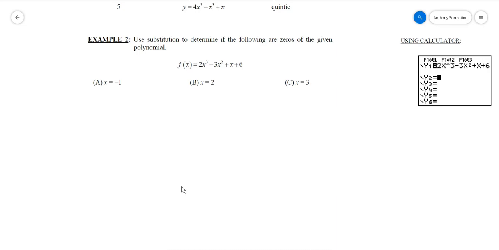I've seen students make that mistake. The zero of a given polynomial means I'm looking for x's such that f of x equals 0. So that's what I'll be doing in each one of these instances. I'm going to substitute the number in for the x's into the function and see what it produces.